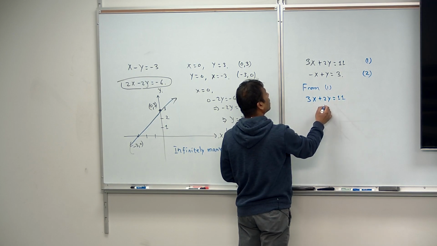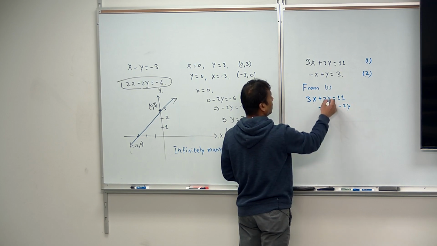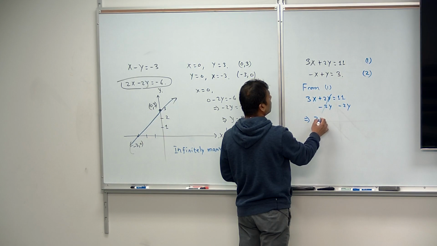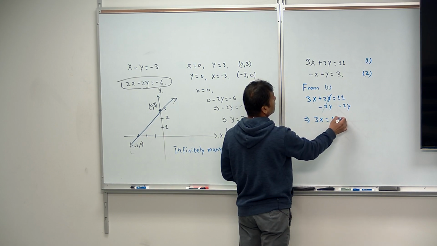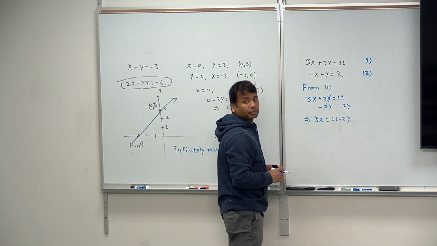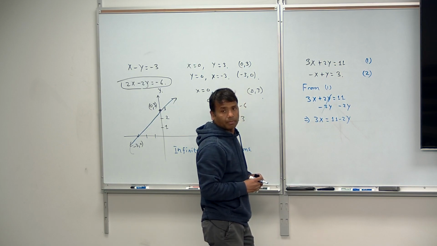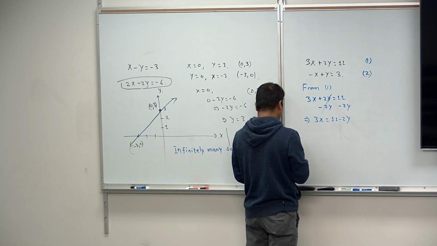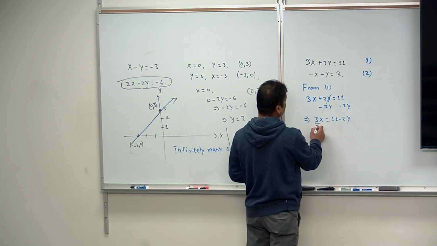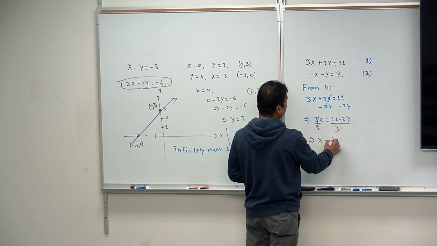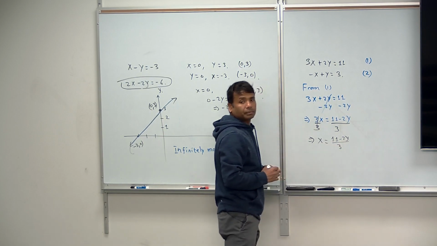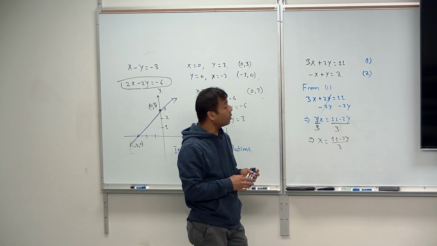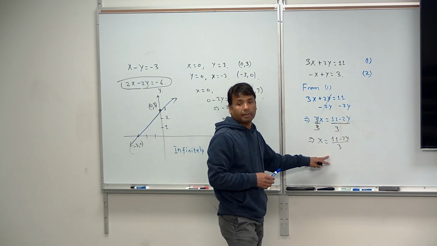So you subtract 2y from both sides. You cross them out, so that will give you 3x equal to what? 11 minus 2y. Right? And then you divide both sides by 3. So this cancels, and you get x equal to (11 minus 2y) over 3. So you got the value of x in terms of y.